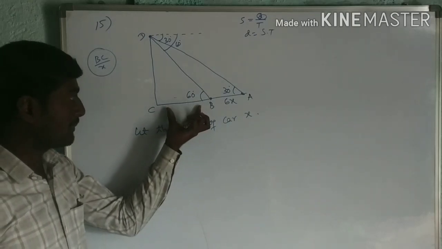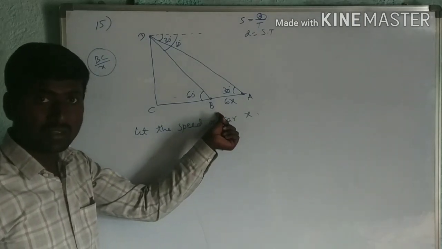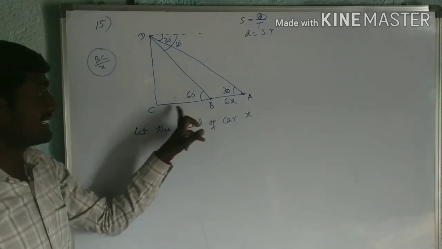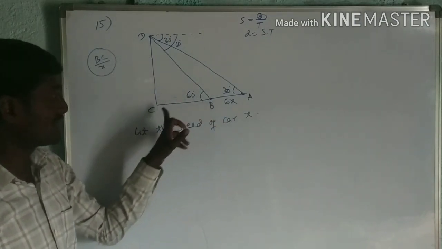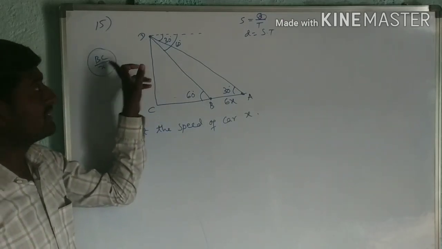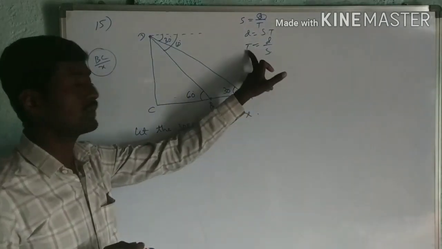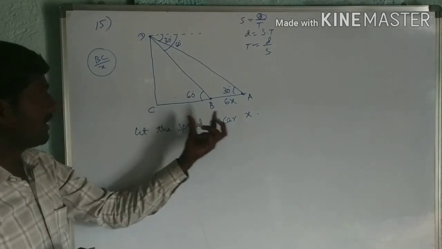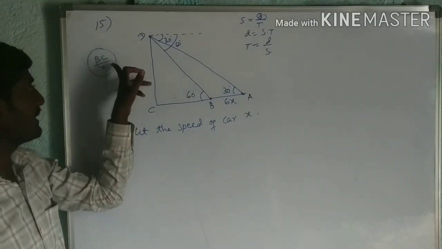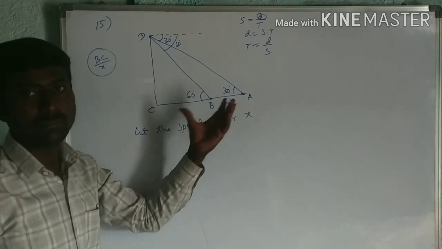Actually, I am going to find the time taken by the car to reach the point C from the point B. I have taken x as speed, and BC is the distance of the car from B to C. Distance divided by speed is equal to time. So BC by x is the time taken by the car to reach the point C from the point B.